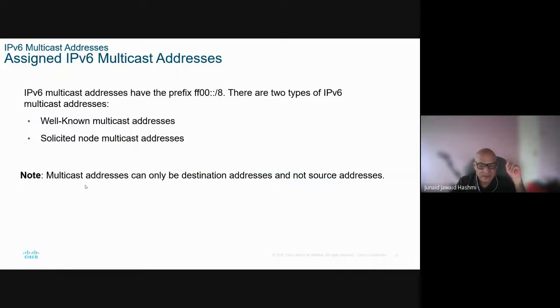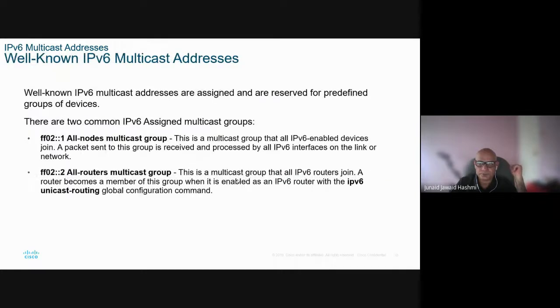One thing about multicast addresses is that they can only be destination addresses and not source addresses. You probably know what multicast addresses are. They're sent to a group of computers. Well-known multicast addresses are assigned and reserved for predefined groups of devices.